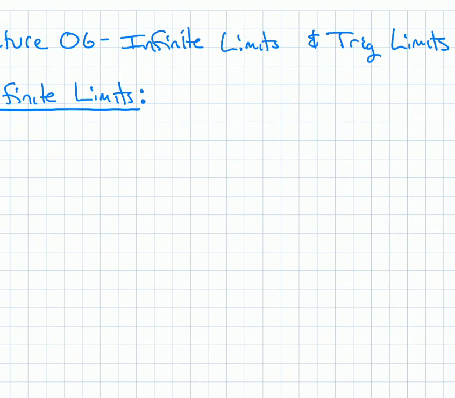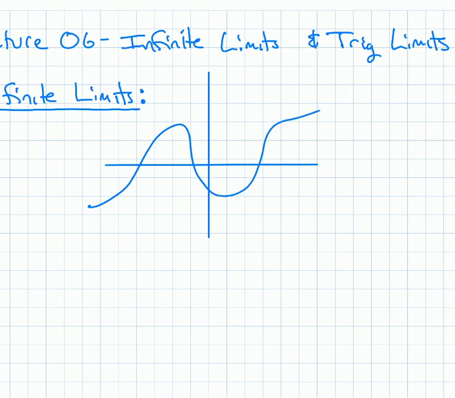The basic idea here is that some graphs of functions do whatever, and then as you head out to the left or to the right, maybe the graph just keeps going up forever.